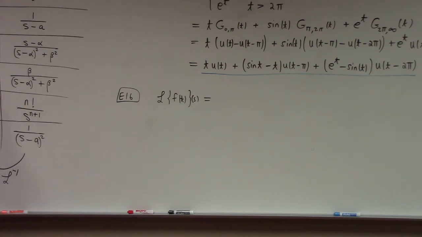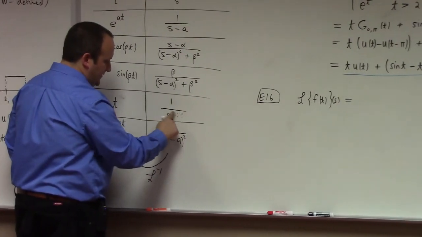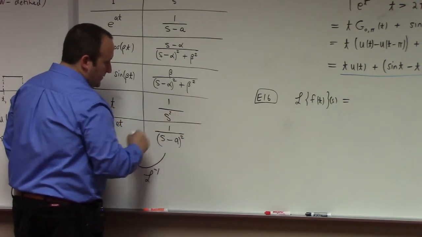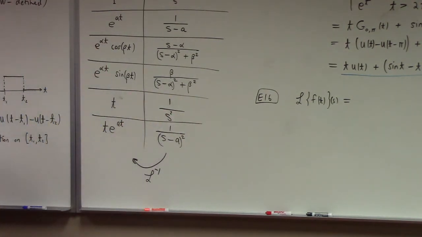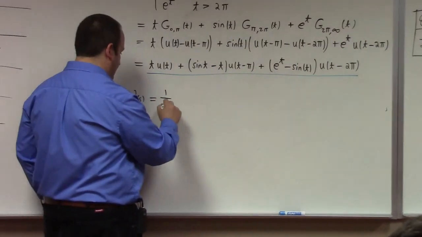I'm an idiot. 1 factorial, also known as 1. n plus 1, also known as 2. The Laplace transform of t is just 1 over s squared. So that's the first piece. Great.